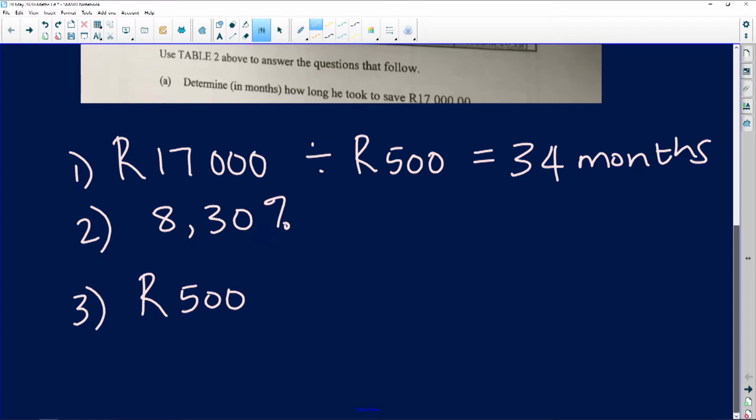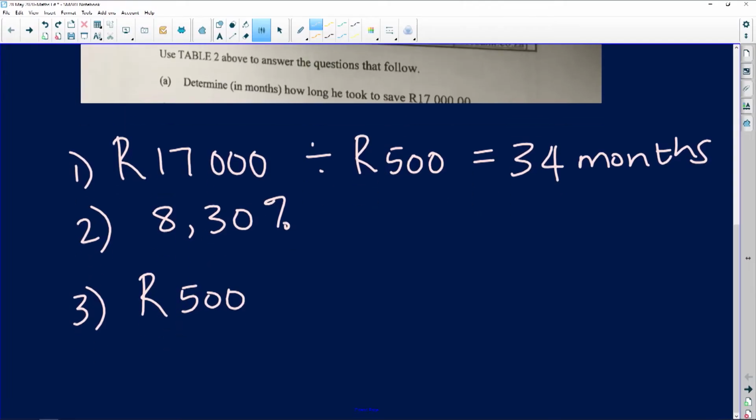And going back to our question, we want to know what is going to happen if he invests this money and he saves it. So he's saving this money for 3 years. And we know that in the 3 years that this person is saving the money, each and every single month, this person is going to be getting 8.30%. 500 rand times 8.30 all over 100.